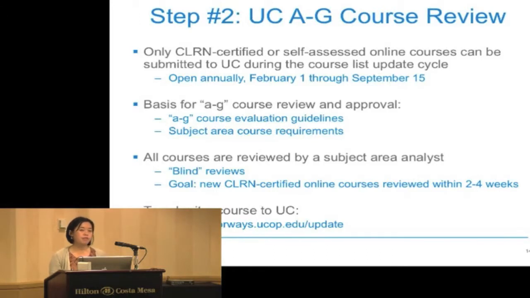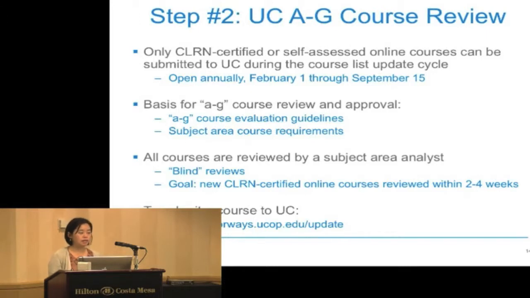Our aim with the online courses, particularly the CLRN certified online courses, is that those courses would be UC approved if they meet our criteria within 2 to 4 weeks of the submission. And that has to do in large part with the fact that step 1A includes CLRN's review of not just the quality of the online delivery, but also the content of the course.